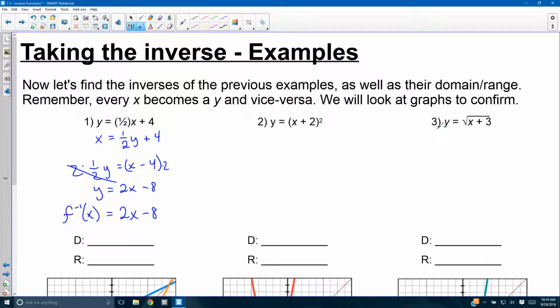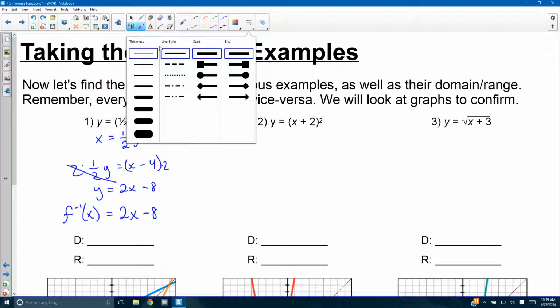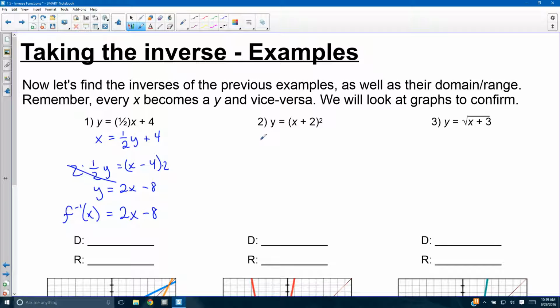I'm just going to move on to numbers 2 and 3 and solve these first, then I'll look down at these graphs here. Number 2, y equals quantity x plus 2 squared. To find the inverse, you swap x and y. To solve for y, I must now take the square root of both sides.